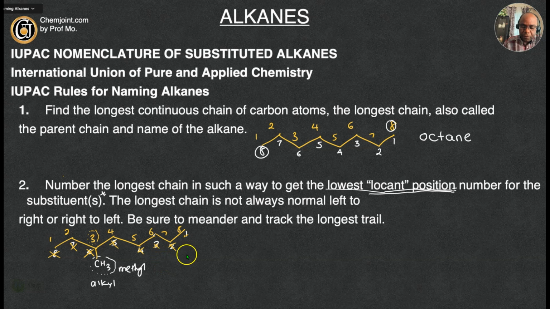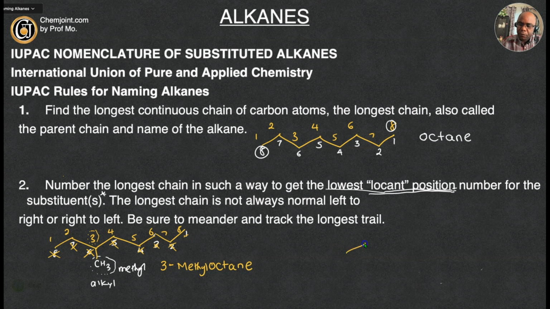So the name will include first citing the alkyl group, and it's on the 3rd carbon. So you say 3, use a dash to separate numbers from alphabet, 3-methyl, and it is an oct. There's no double bond, octane.